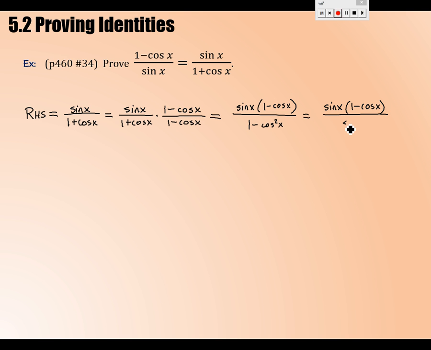So this is sine squared, and then the result follows, doesn't it? But again, this is the big move right there.